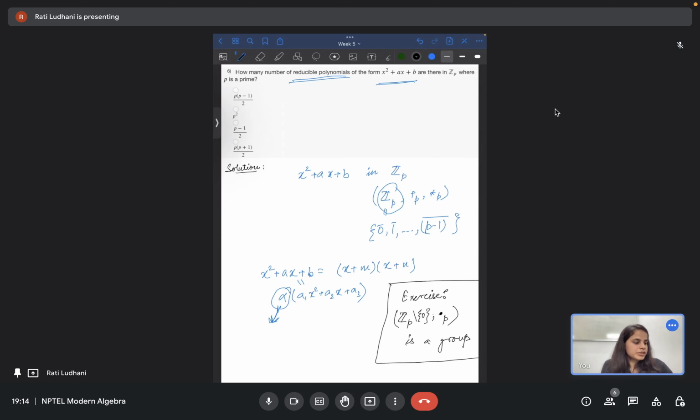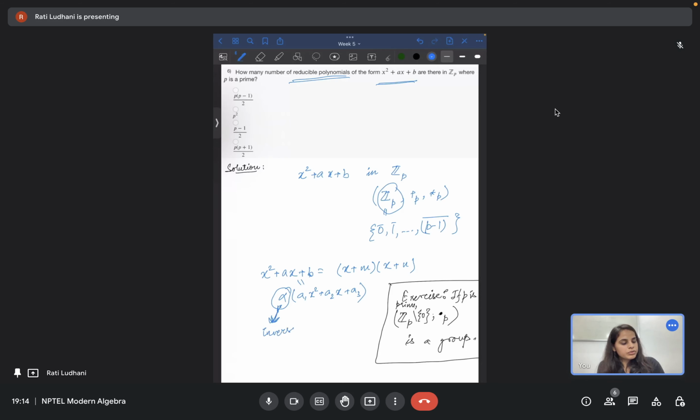If p is prime, then this is a group. Just check it. Because of this, you have alpha being invertible.